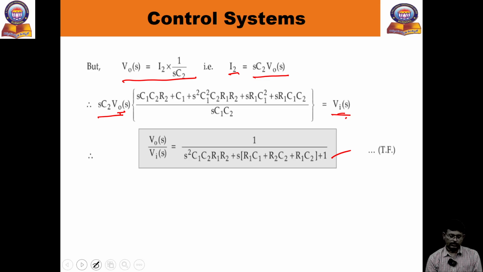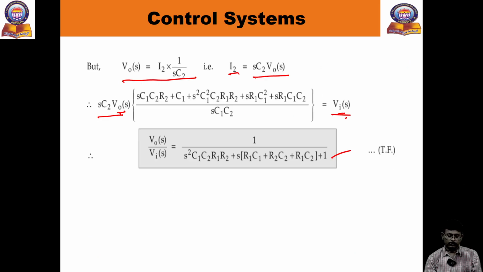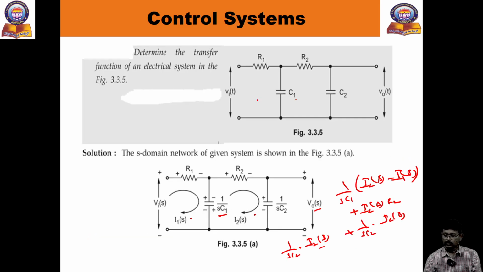While doing the calculations or equations, you must think about which term will eliminate most easily, because here the output voltage is in terms of 1 by S into I2. So if you keep all the terms in terms of only I2, eliminate I1 from the first equation and second equation.